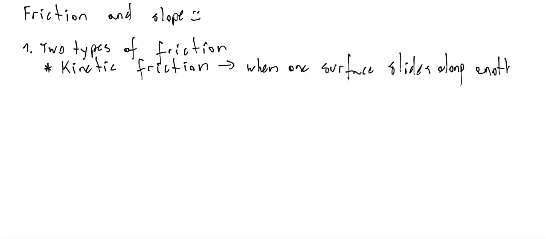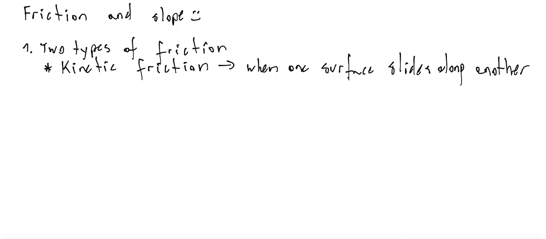It's typical friction. You can imagine that you want to push, I don't know, a box or chair or something, and this chair moves along the floor. Then the force which opposes the motion is kinetic friction.